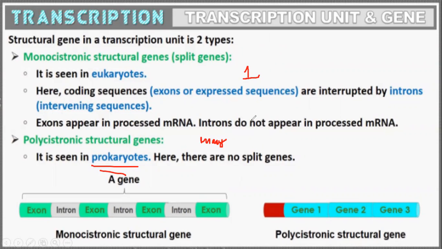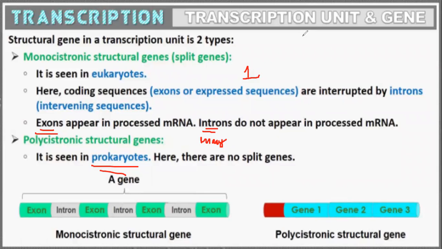Exons appear in processed mRNA. Introns do not appear in processed mRNA. So what is this exon and intron? Intron is the information absent area in an RNA or mRNA, and the information carrying or expressing area is known as exon.